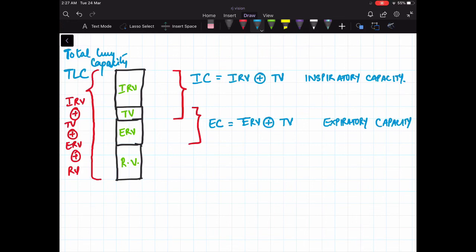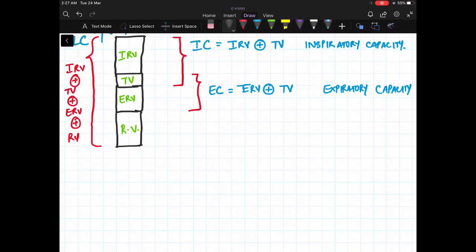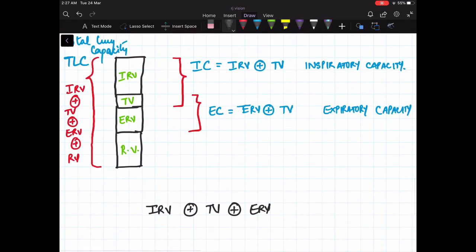The answer to that is that you have IRV plus TV plus ERV. This much amount of volume you can totally inspire or expire, and this volume is known as vital capacity. Vital capacity. Okay, vital capacity.